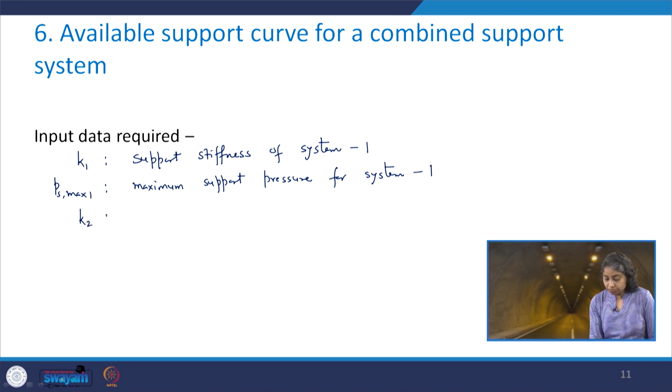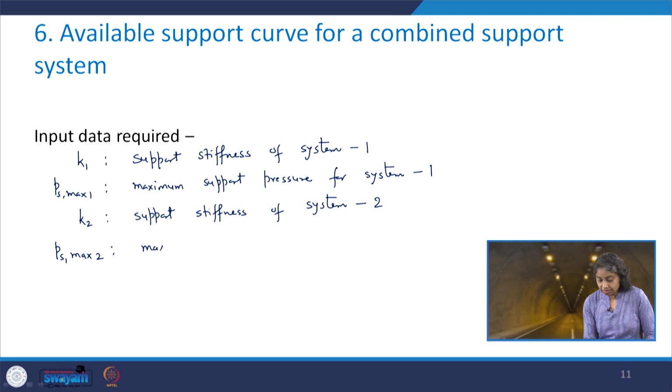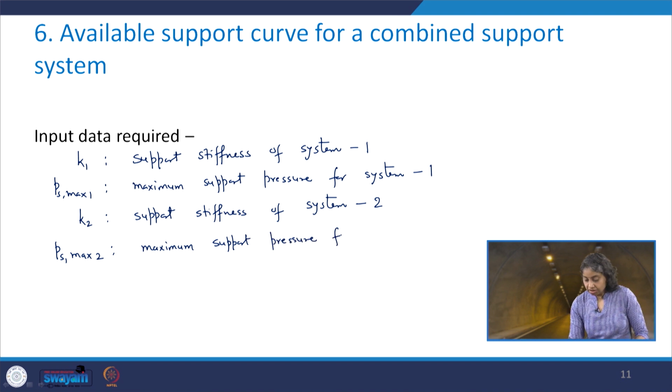We have K2 similarly, so this is going to be the support stiffness of system 2, and we have Ps max 2, that is maximum support pressure for the second system.